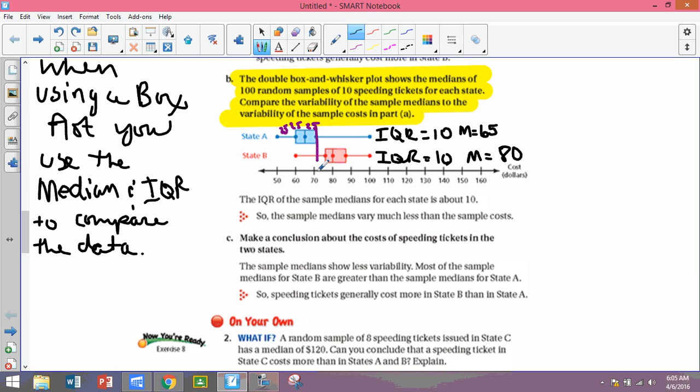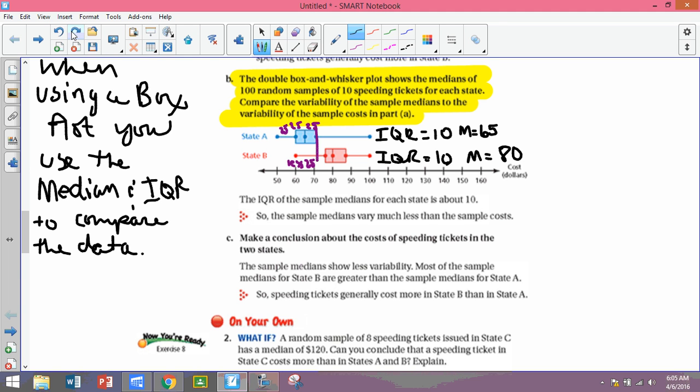The IQR is the same, the data is all scrunched up, but state B's data is scrunched up at a higher cost than state A's. So if you're going to speed and get caught, you want to do it in state A because chances are it's going to cost you a lot less than in state B.